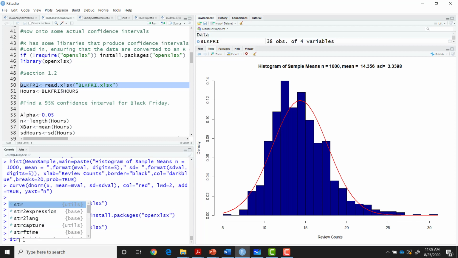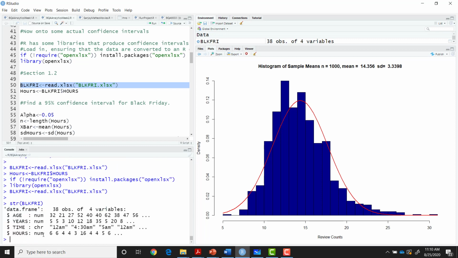And we can actually see what's in this. Well, we've got some information. We've got the age of the consumer. We've got something, maybe how many years they've been Black Friday shopping, the time they went shopping. But for the moment, we're only interested in the number of hours. We want to make inference on the number of hours they've been shopping.